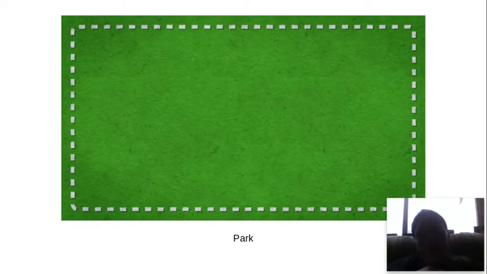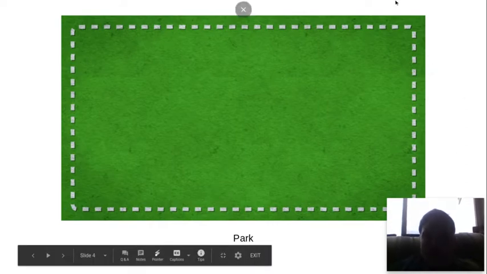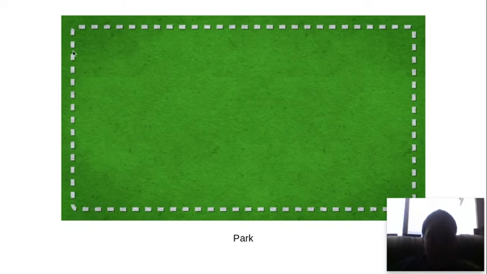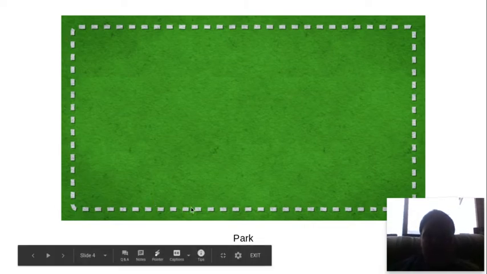So a park might be where you go to play soccer. It may be where you go to enjoy some time with your family on a picnic. Maybe you throw the frisbee there. You can notice this specific park has four sides, and we would technically call this bottom part the base, and the height, or the length and the width.